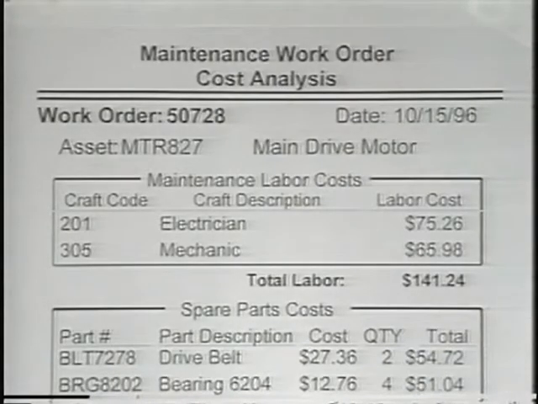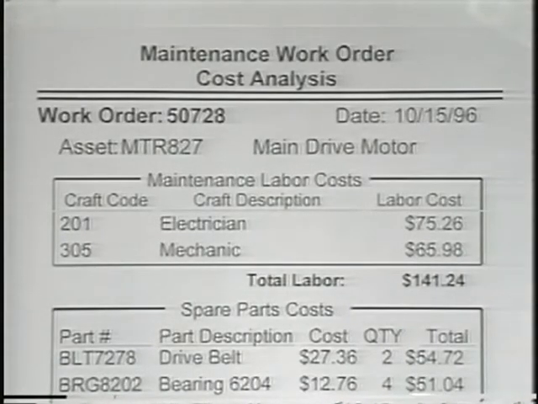Now, we've just concluded looking at maintenance work order cost on page number 6. In order to put these into a CMMS program, I have provided you with 2 screen formats, and those are covered by page numbers 6-1 and 6-2 respectively.